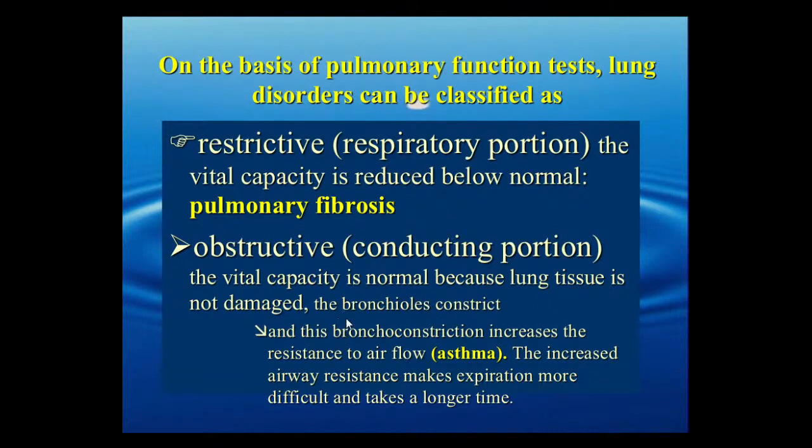But the conducting portion, first of all the bronchioles, can be constricted, and such bronchoconstriction increases the resistance to airflow, as we can observe in a disease such as asthma. And the increased airway resistance makes expiration more difficult and takes a longer time.